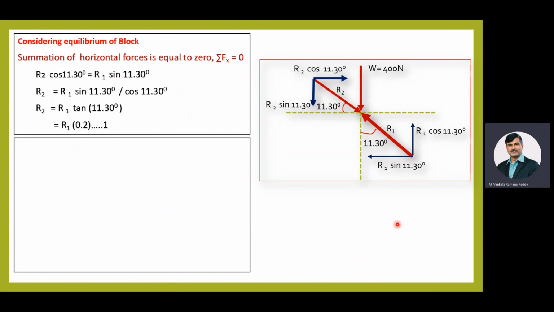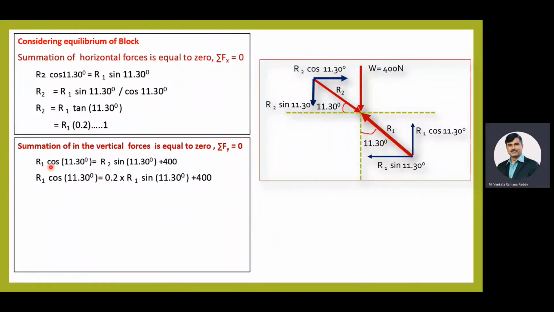Here the vertical forces are the weight of the block 400 Newton, R2 sin 11.30 degrees, and R1 cos 11.30 degrees. Here we are considering upward forces as positive, downward forces as negative. Here R1 cos 11.30 degrees is positive, R2 sin 11.30 degrees is negative, and W equal to 400 Newton is negative.